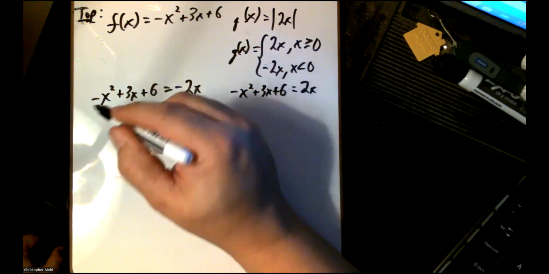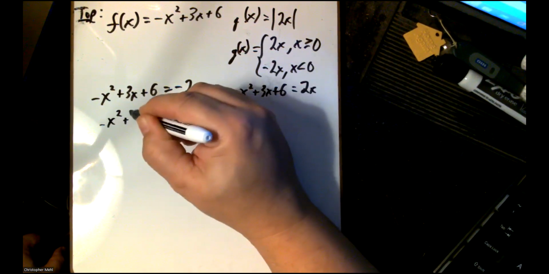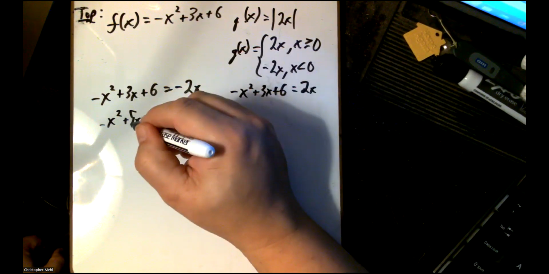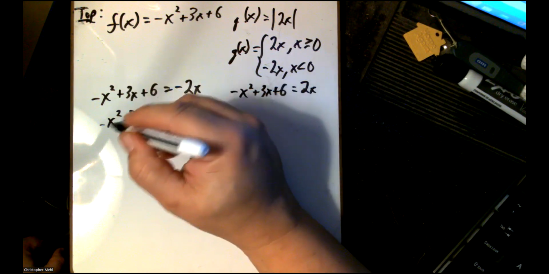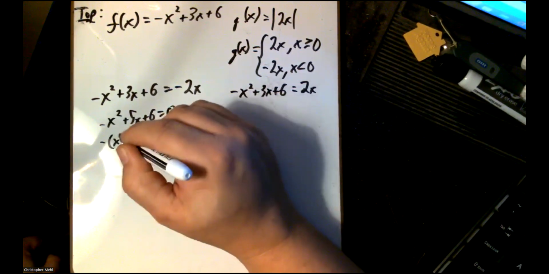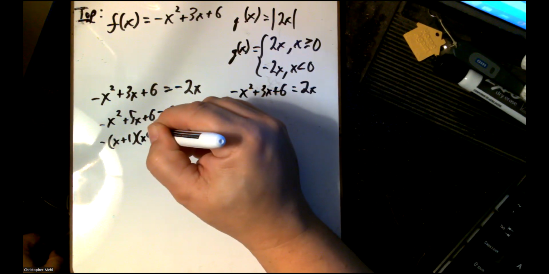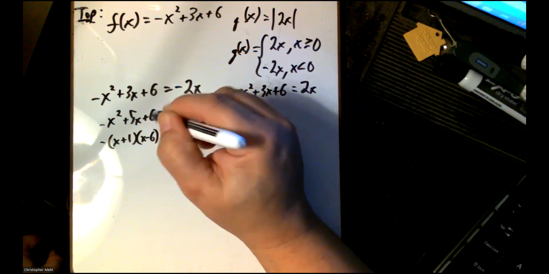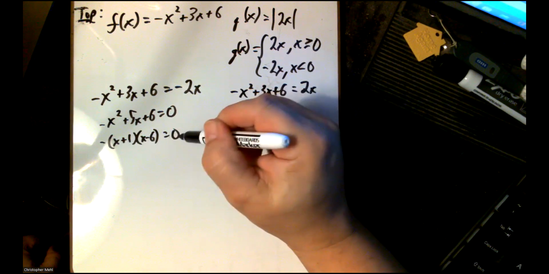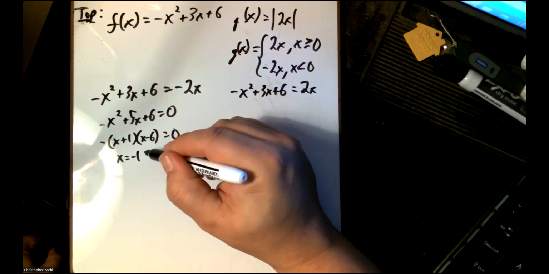All right, so for this first piece, that's going to be negative x squared plus 5x plus 6 equals 0. Which is going to give us the following, which says x is -1 or x is positive 6.